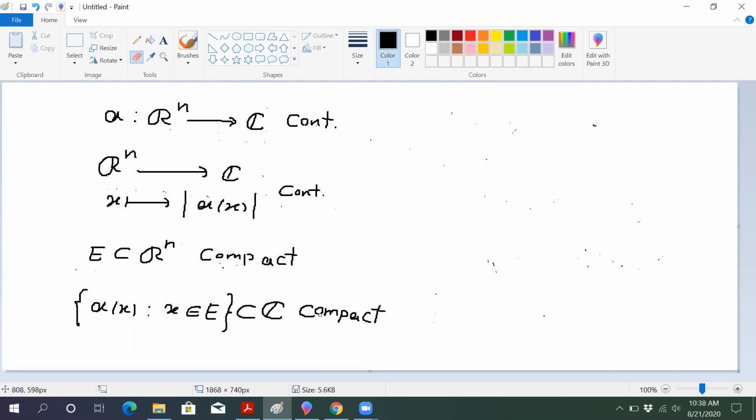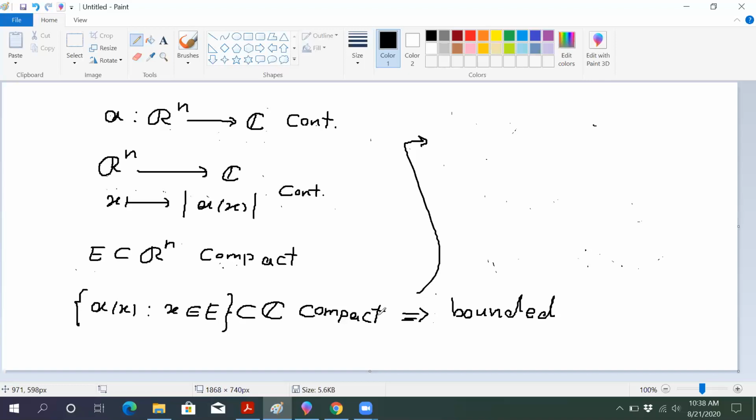Now look at here. We said that this set Ax, the value of x on E as a subset of C, is compact, right? And C is a metric space. So every compact set is bounded. It means this set as a subset of C is bounded.